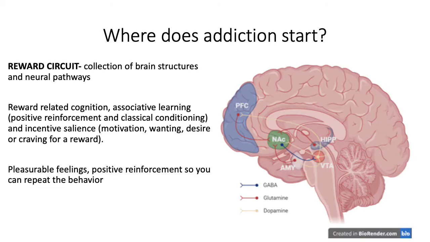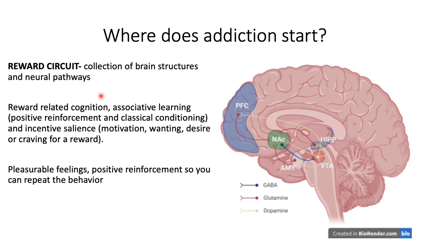So where does addiction start? Addiction is strongly correlated, according to research, to something that is called the reward circuit pathway. The reward circuit is a collection of brain structures and neural pathways. We will talk about exactly what brain structures those are in a few slides from now.